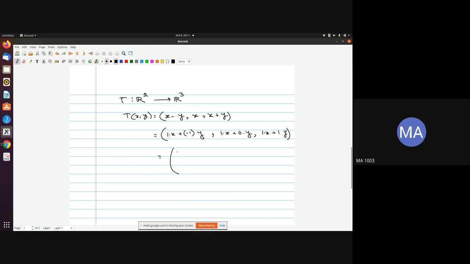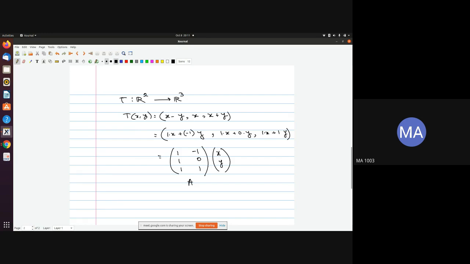Can I write it like this? This is the matrix, some matrix A, and this is the vector x, y, which is coming from R2. You can check, the first one is x minus y, the second one is x, and the third one is x plus y, right? I have written the same thing in a different representation.